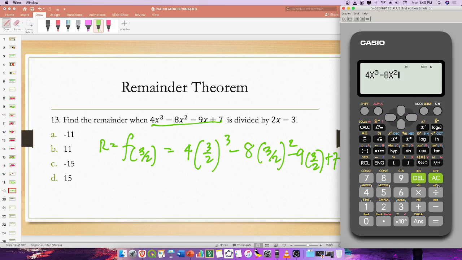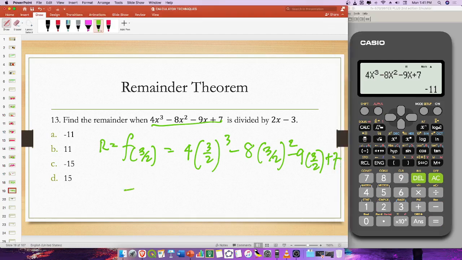Minus 9x plus 7. I think it's good. Then I will use calc. This time I will plug in 3 halves. 3 halves will become negative 11. So negative 11 is our remainder. That is the remainder in that.